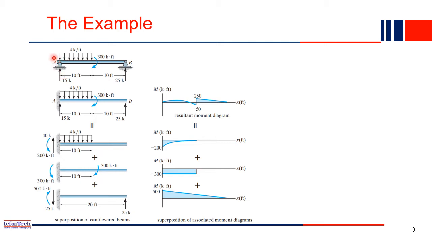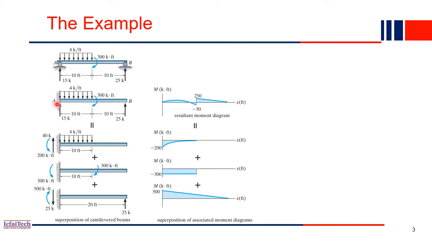In the principle of superposition, first we have to divide this beam into a number of simpler beams, and each beam should be in a statically determinate shape, or should be stable. So here we can convert this simply supported beam into this beam, where we change this end. Originally this end A was a hinge end, right?